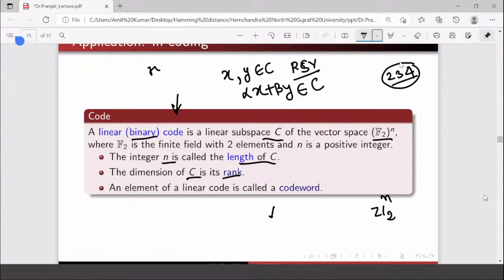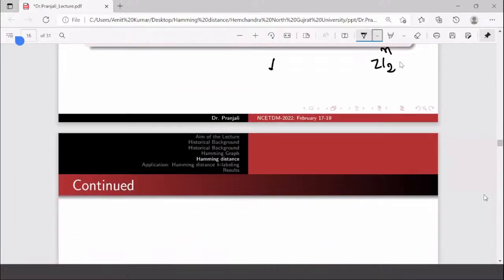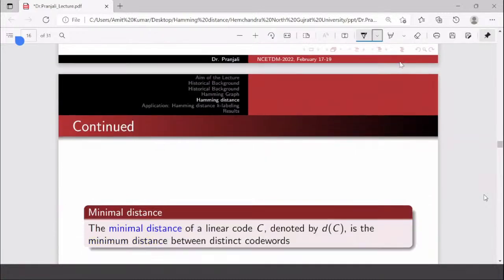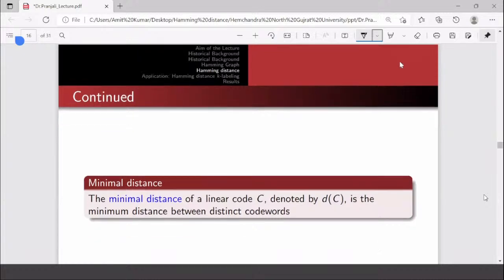So a code, according to us, is a subspace. According to us means I'm not speaking as a mathematician. So now, what is the minimal distance of a linear code? It is the minimum distance between distinct code words.